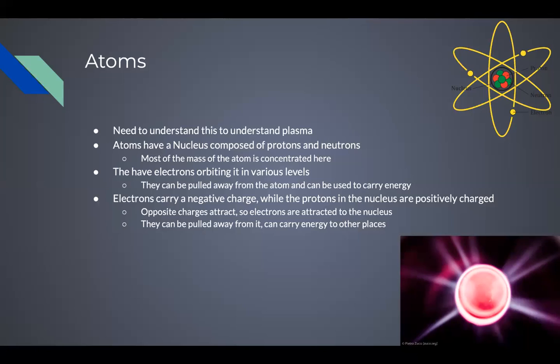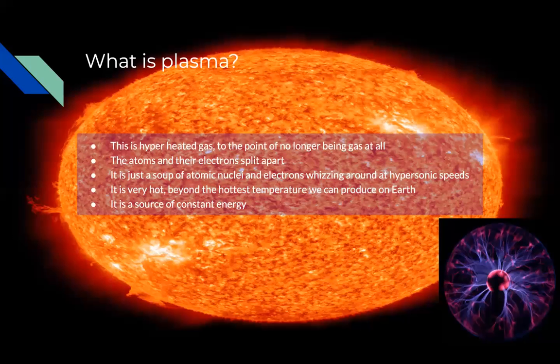They can be pulled away from it and carry energy to other places. That's how we get electricity. But what you need to know for plasma is that there's so much heat that the nuclei themselves split apart, and the electrons are therefore pulled away from the nucleus, and they just whiz around at speeds beyond comprehension. The average temperature of plasma is much higher than anything you can do on Earth, and this is a source of constant energy provided you have enough power.